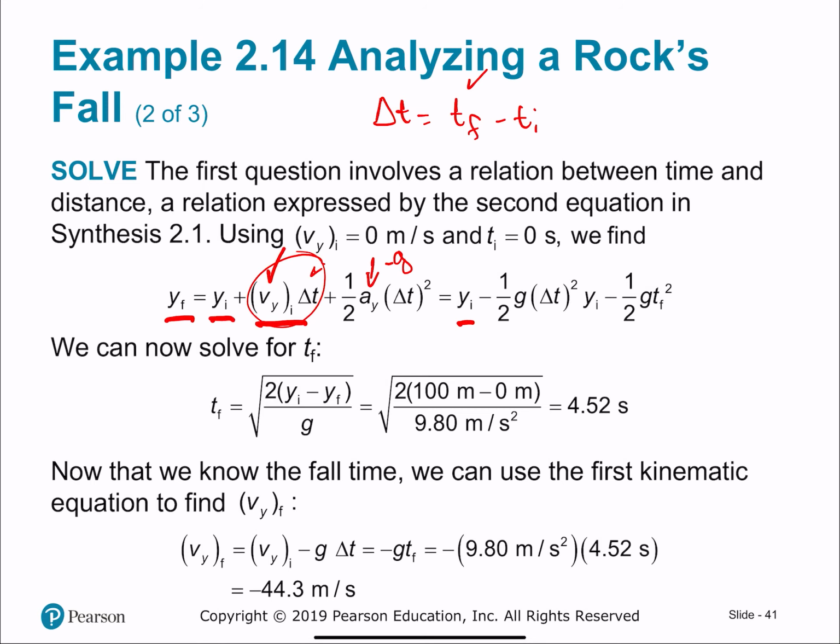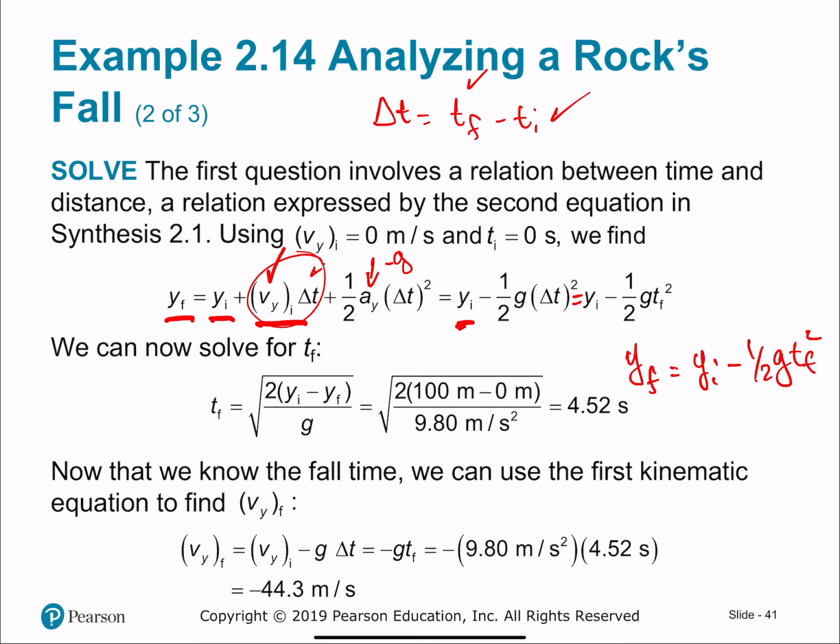So this equation becomes initial position, which we know. And then the initial velocity is 0, so this whole term goes away, right? So you're only going to be left with the initial position and minus 1/2 g delta t squared. There is an equal sign here that was missing. And if delta t is this guy here, this becomes that the final position is equal to the initial position minus 1/2 g t final squared.